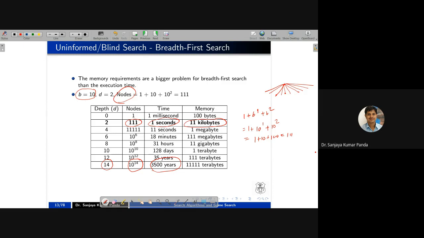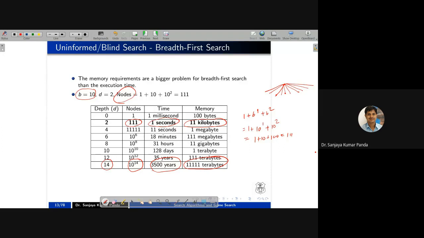Right? Human life is not that long. And how much memory is required? The memory requirement is 51 terabytes. That's why the memory requirement is one of the biggest problems for breadth-first search.